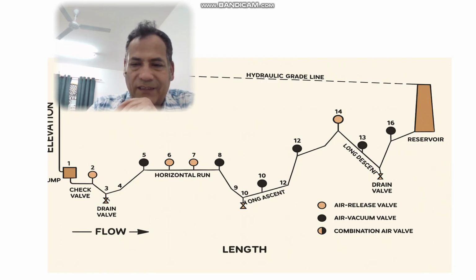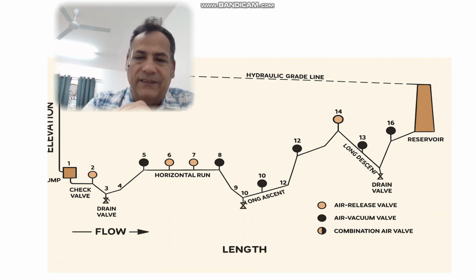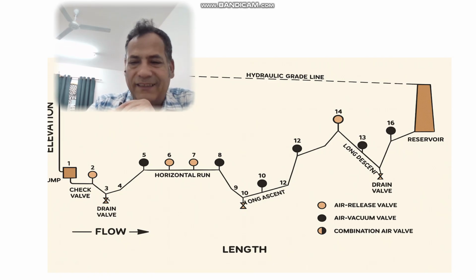Any type of air valve used in this pipeline is shown by a circle: air release valves have a pink color, air vacuum valves have a black color, and the last one in the lower side of this picture is the combination air valve. Half of it is pink, half is black.